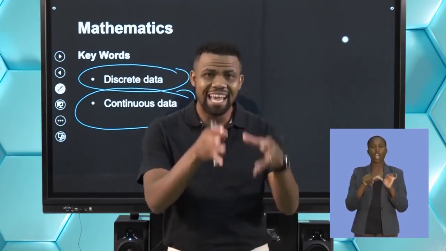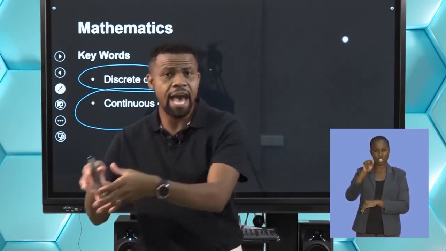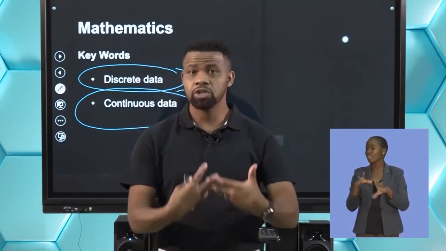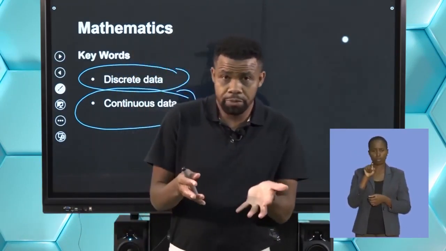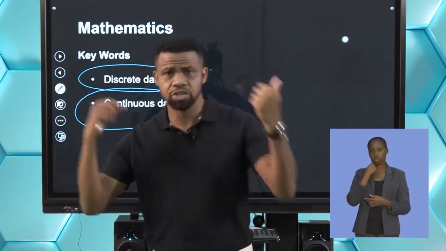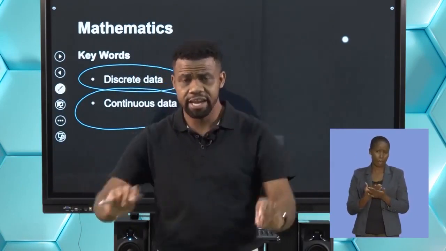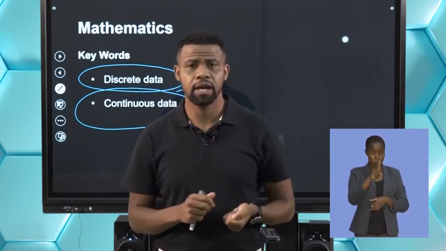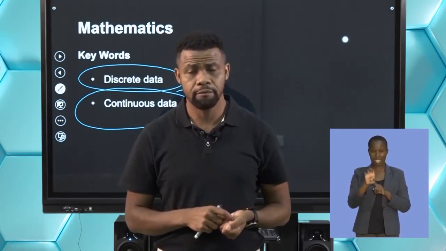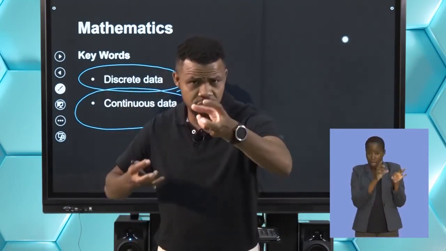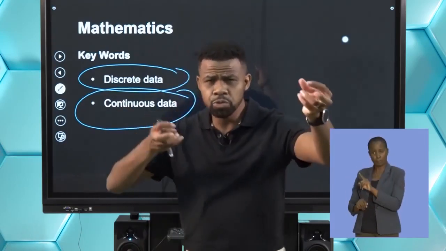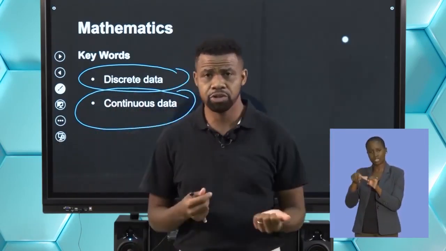Continuous data can take any value, something like temperature. Today, it could be 31.5 degrees Celsius. Tomorrow, it could be 31.7 degrees Celsius. So it takes any value, whereas discrete is a specific value. Okay, fantastic. That's the difference between discrete and continuous. I'll be using that kind of terminology as we continue.